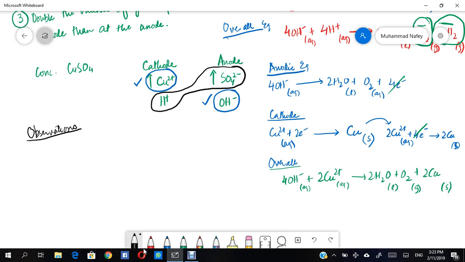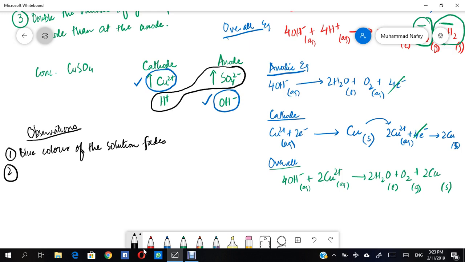So the first observation will be that the blue color of the solution fades.